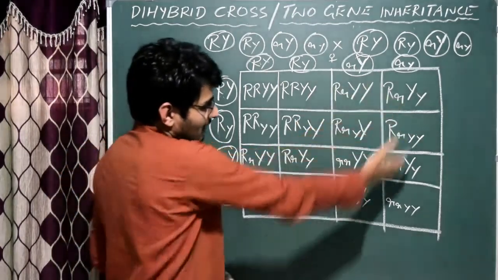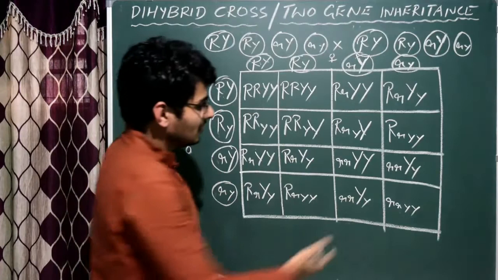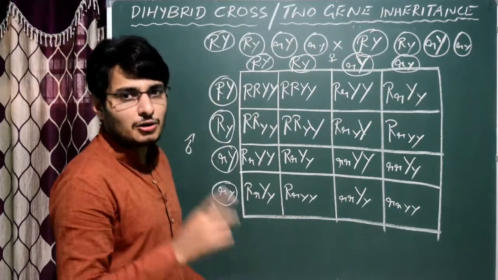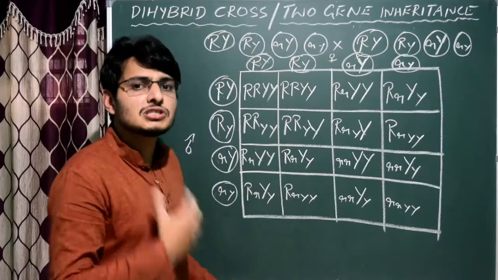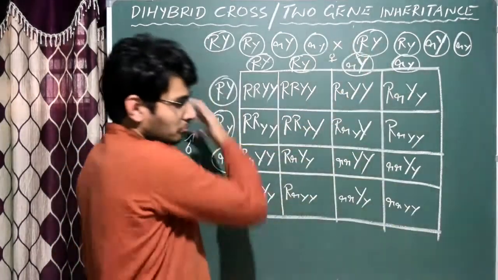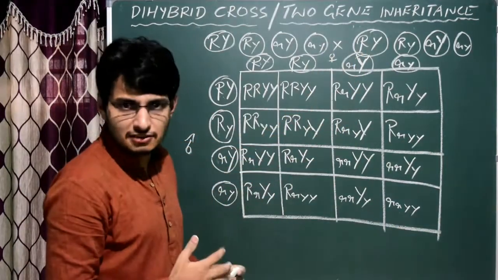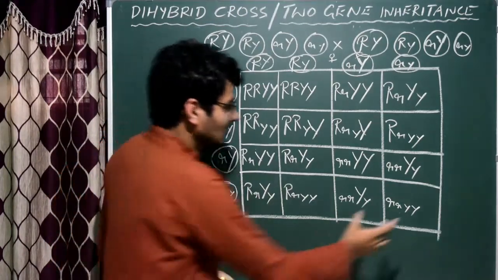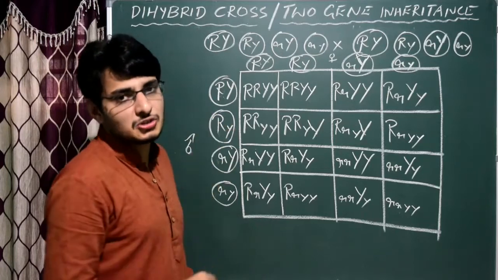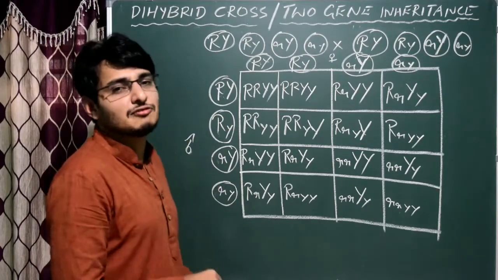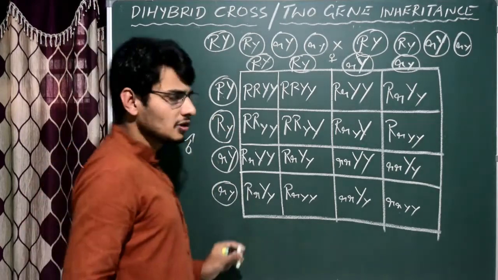With 16 offsprings, the recessive one is only 1 out of 16. In a trihybrid cross you get 64 offsprings, and again only 1 is recessive, 1 by 64. That's it. There is no confusion at all.